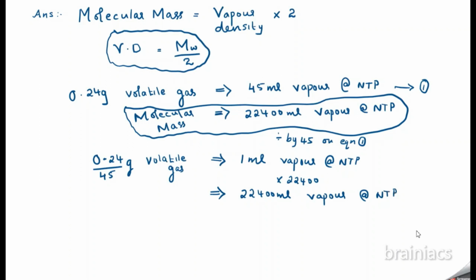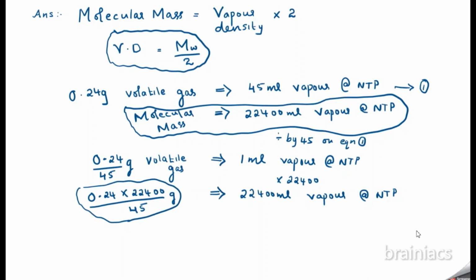Multiply by the same value on the LHS, so this becomes 0.24 into 22400 divided by 45 gram. Now this value will be my molecular mass.